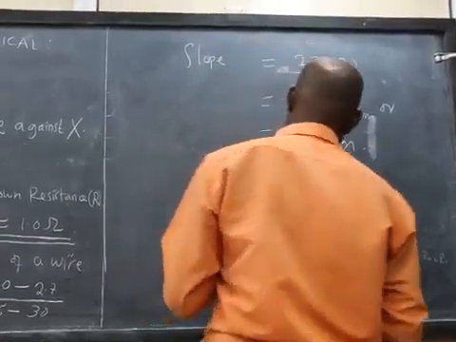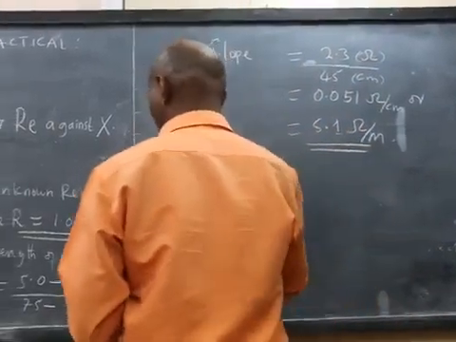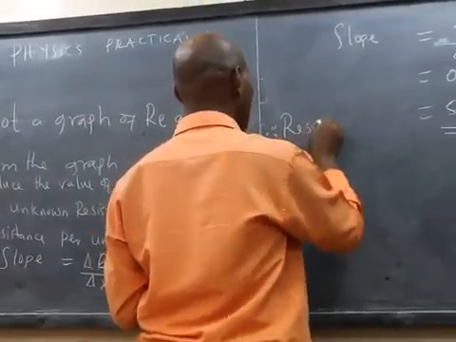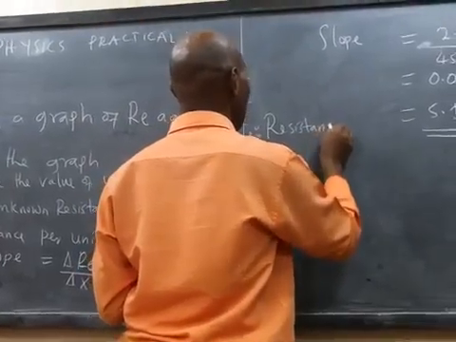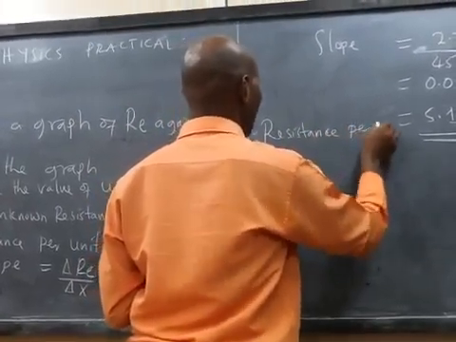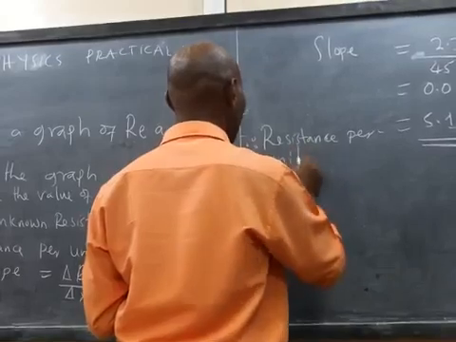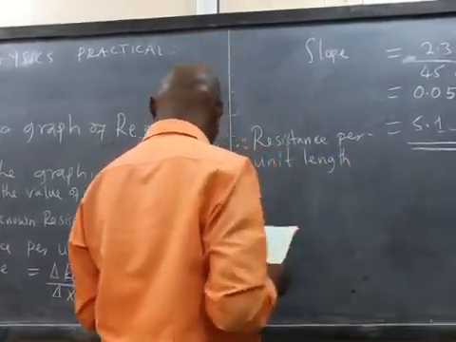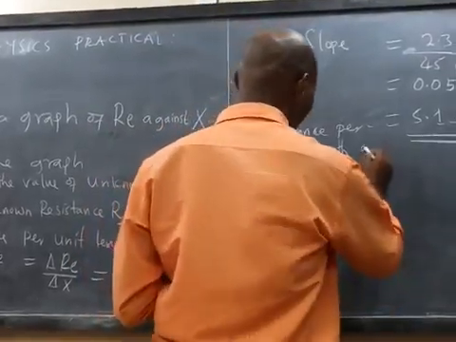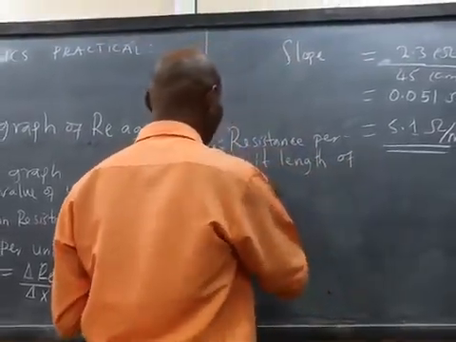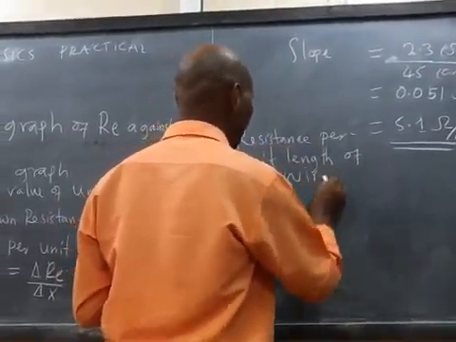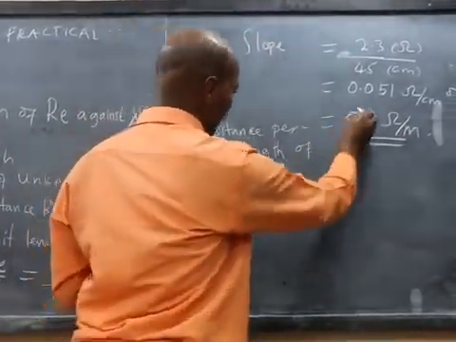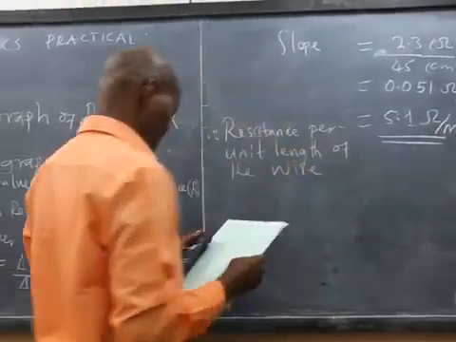Therefore we say resistance per unit length of the wire is equal to 5.1 ohm per meter. Okay, done with that one.